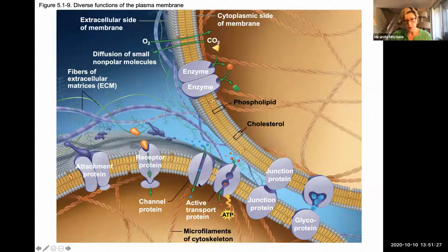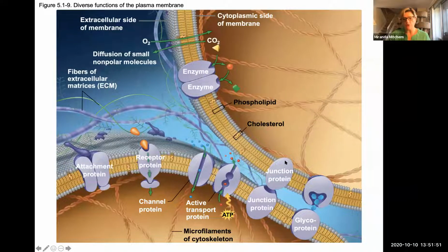So this is a channel protein that allows for the diffusion of a specific molecule or group of molecules through it. And then right next door, we're looking at the example of an active transport protein. And this time it uses energy. We're going to talk about the differences between diffusion and active transport next.